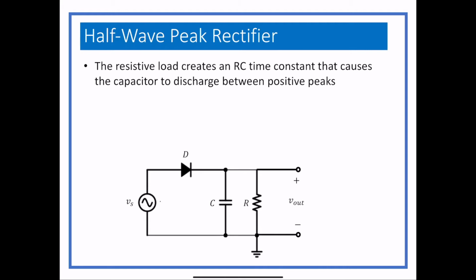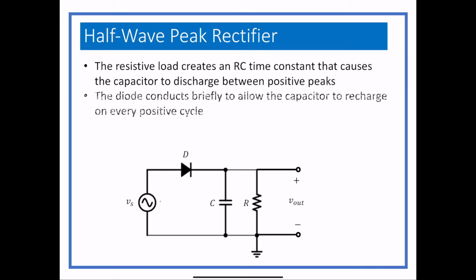When we add a resistor, there is an RC time constant that causes an interaction between the capacitor and the resistor, and the capacitor discharges between the positive peaks of the waveform. Every time the capacitor voltage matches the input voltage, the diode will conduct in order to allow the capacitor to recharge in every positive cycle.